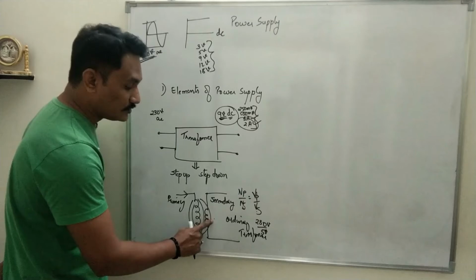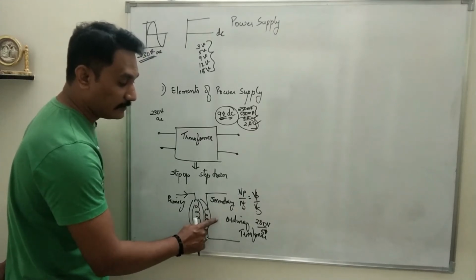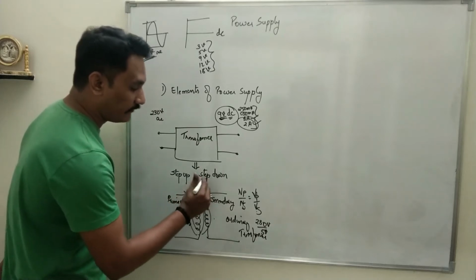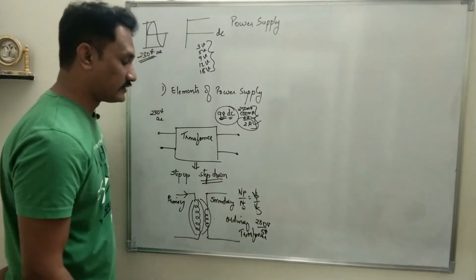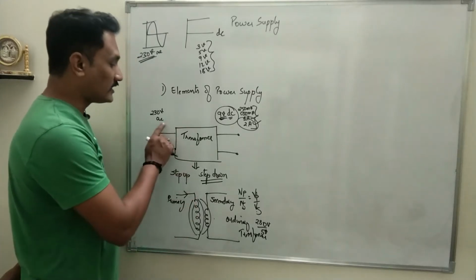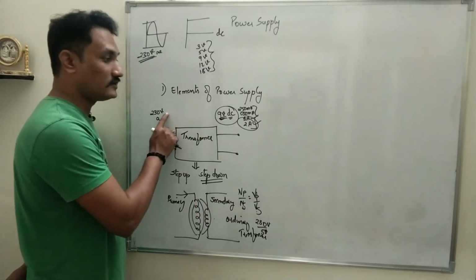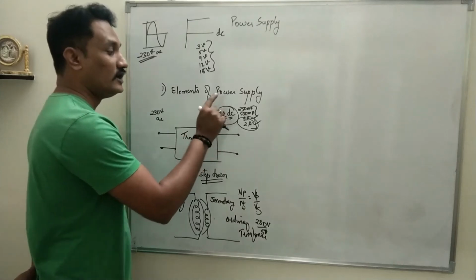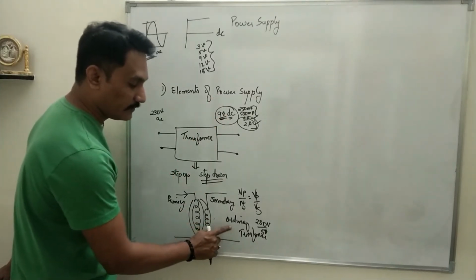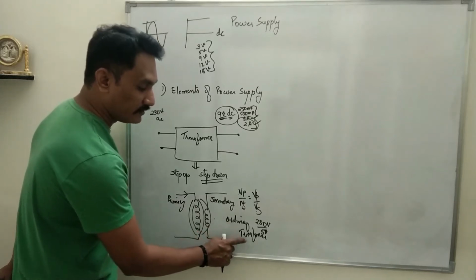That means the voltage induced will be less than the voltage across the primary, so that type of transformer is called a step down transformer. Basically, a transformer converts high AC voltage and high AC current into low AC voltage and low AC current. So this is one of the transformers, the ordinary transformer.